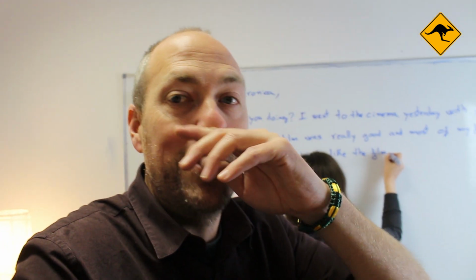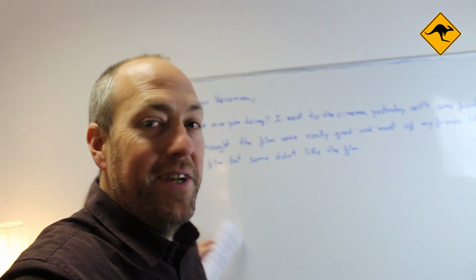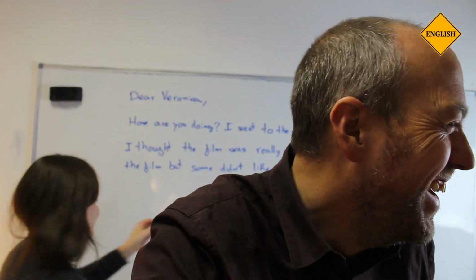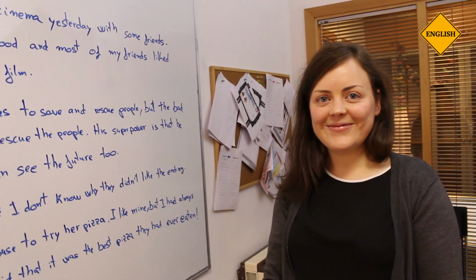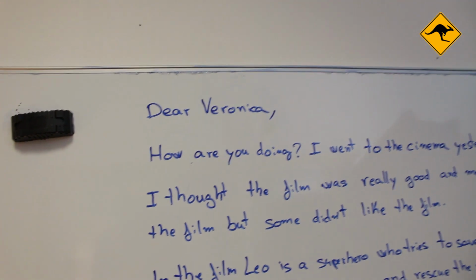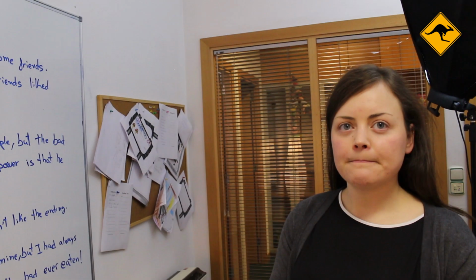How's it going, Veronica? How much longer do you think you'll be? Okay, so Veronica has finally finished writing this giant email on the board. So let's start going through and looking for ways to make this more informal.